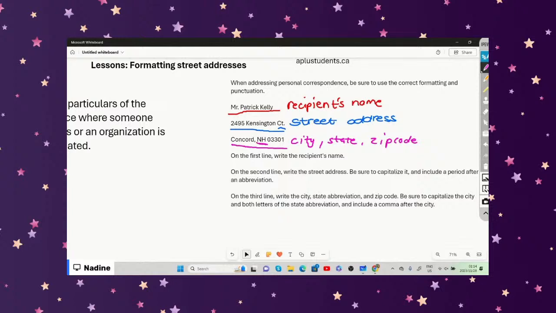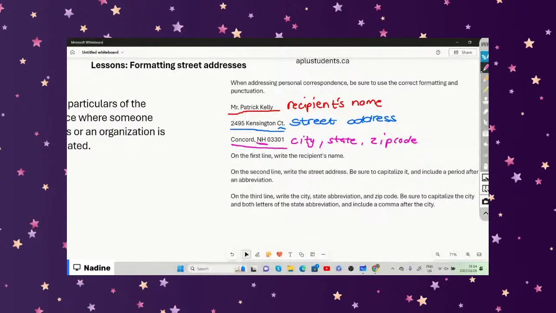And basically, this is how we write your address, especially if you are writing some form of correspondence or a letter to another person. Remember, you need to first have the person's details in order to know where to send it.